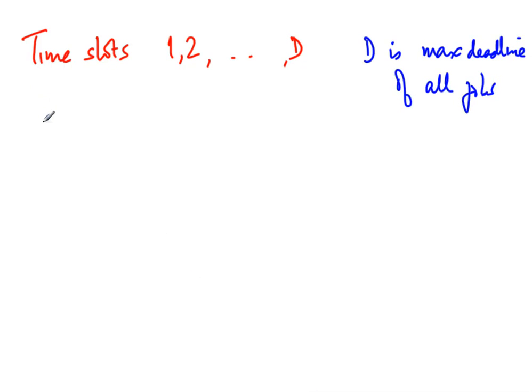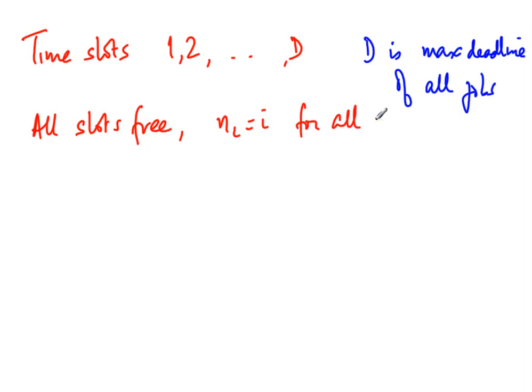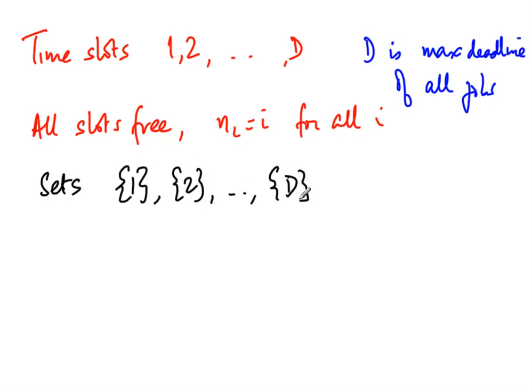So initially all slots are free. So N_i is equal to i for each i. Okay? So I have initially sets of the form 1, 2, etc., these singletons up to the singleton D, and I have f of the set j is just equal to j for every j.